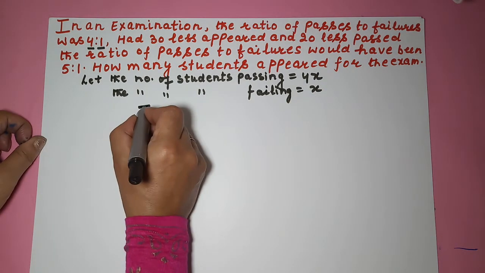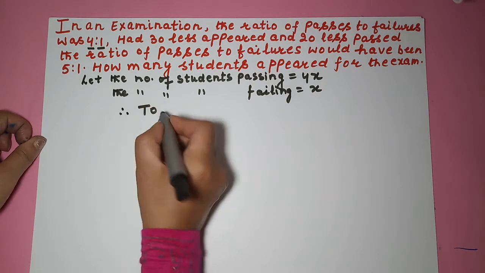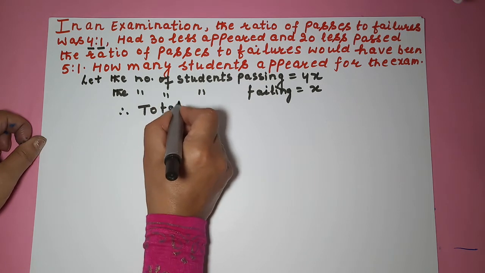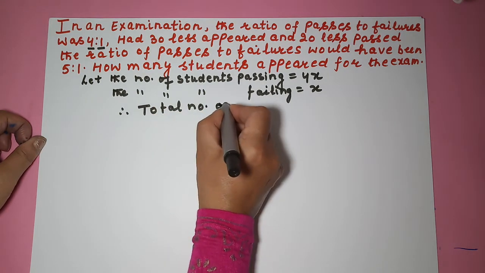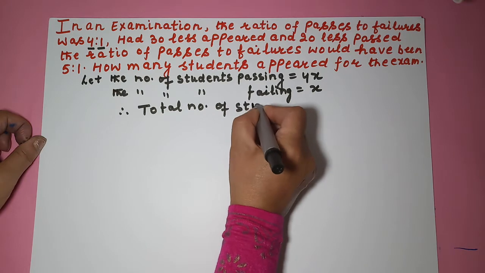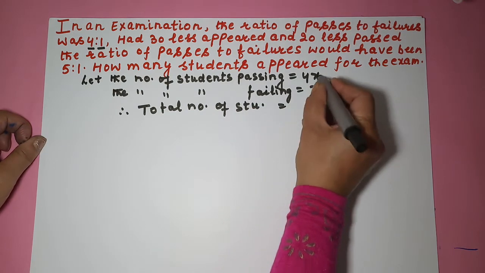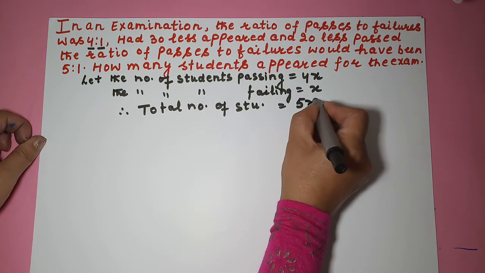So we can calculate the total number of students. Therefore, total number of students will be 4x plus x, which is 5x.